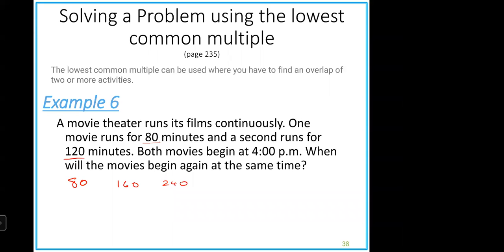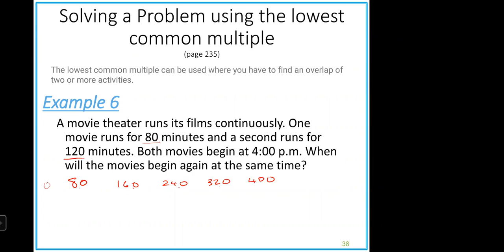Then 4 times 80 would be 320. Then one more time would be 400. So for the movie that goes for 80 minutes, this is the sequence. You start at 0, then after 80 minutes you start again, 160 minutes, you start again, 240 minutes, you start again, and so on.